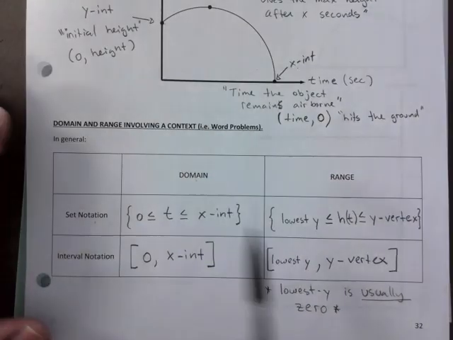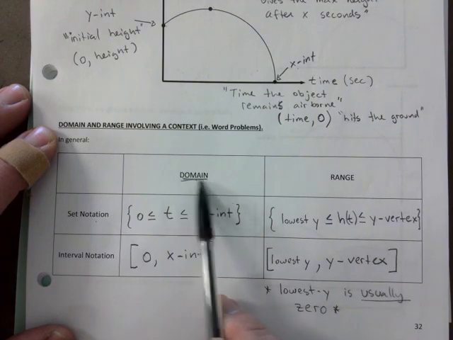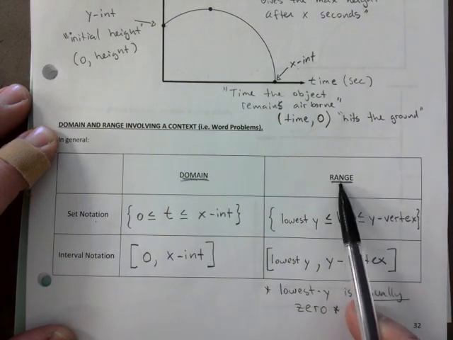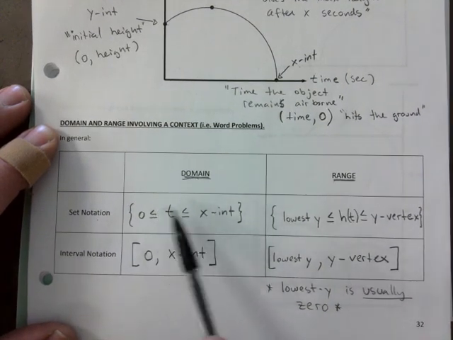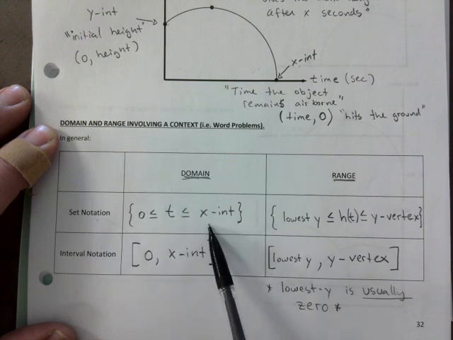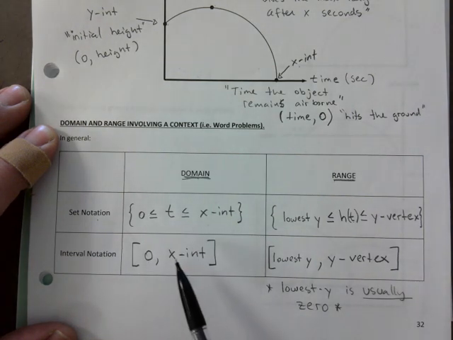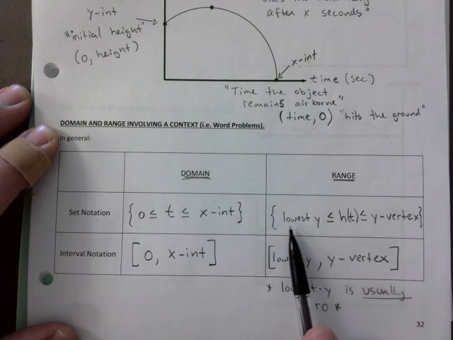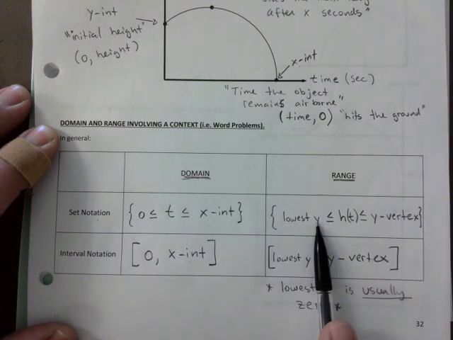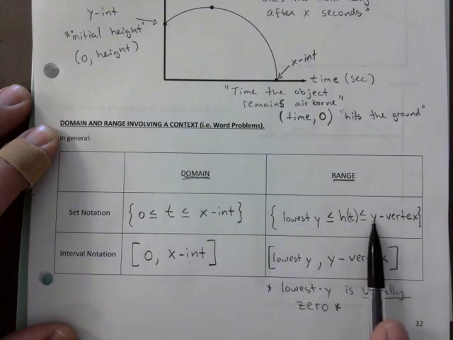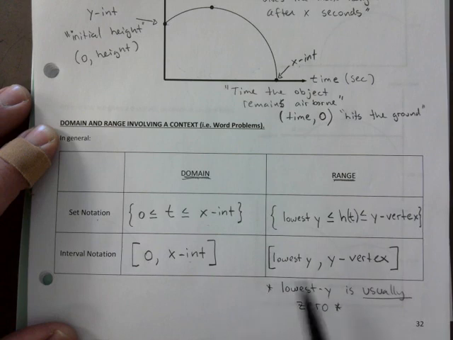You will notice that for both the domain and the range, we have a start and we have an end. We have a start, most of the time 0, and then its x-intercept here. For range, we'll find the lowest y value, and the vertex is most of the time going to be the highest y value.